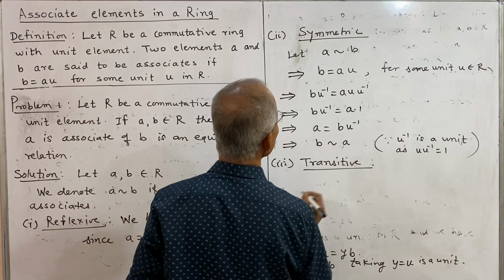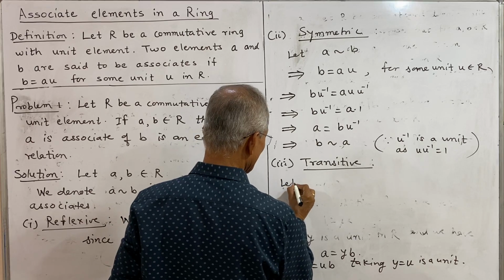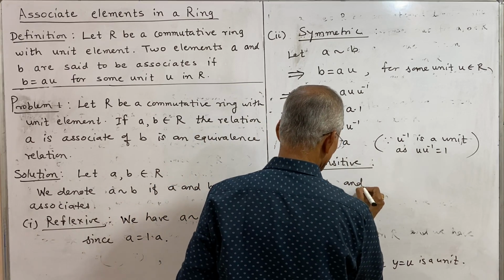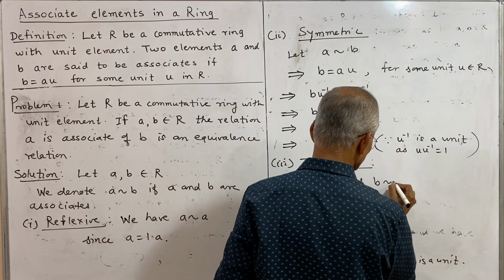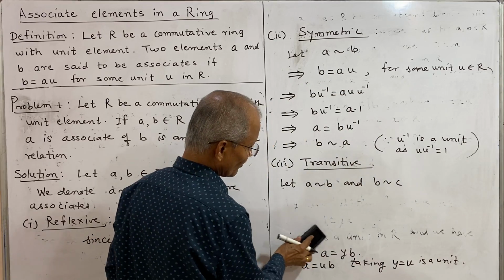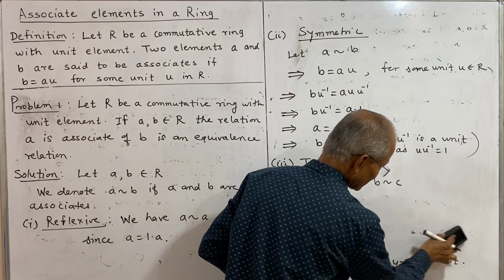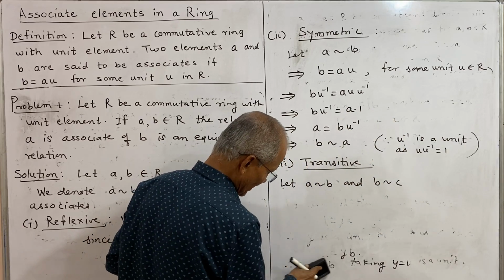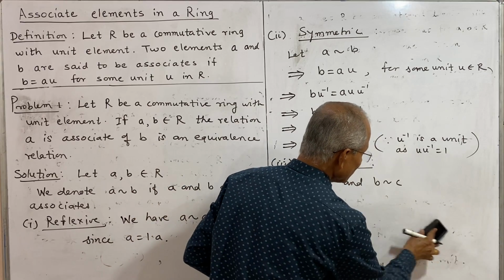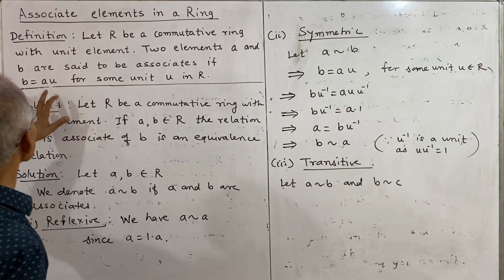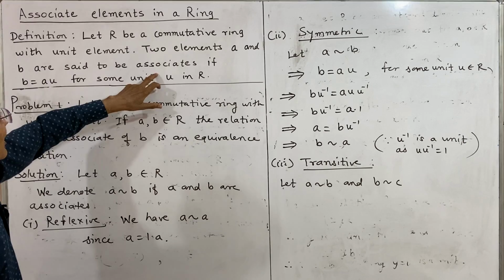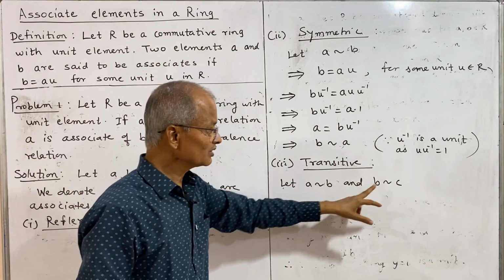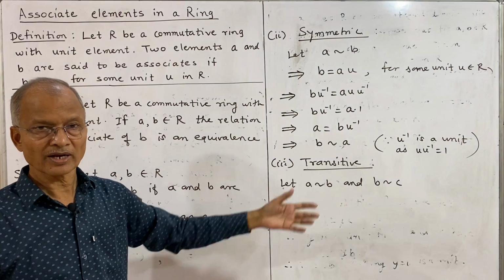For this we shall let A be associate of B and B be associate of C. Then what we want to prove is that A and C are associates. That we want to prove, and so we shall apply the definition. A associate of B means B is equal to A into U, and here two relations are there, so we shall use U1 and U2.